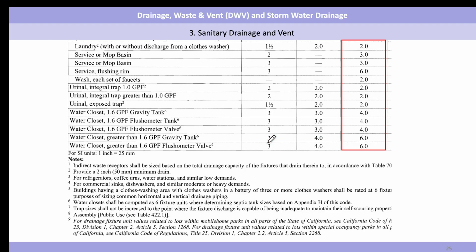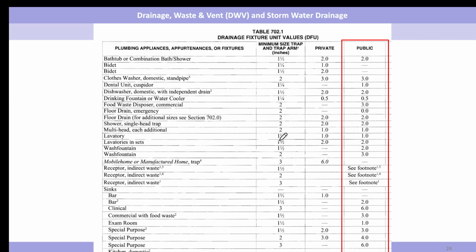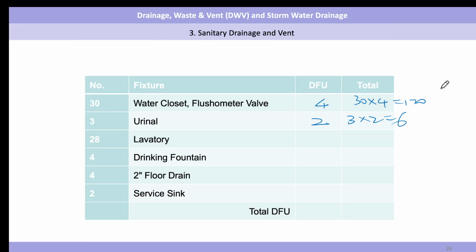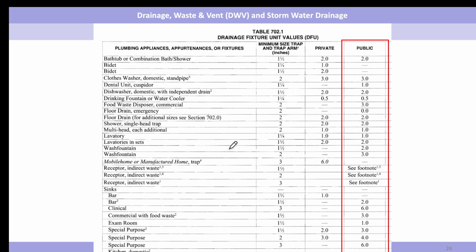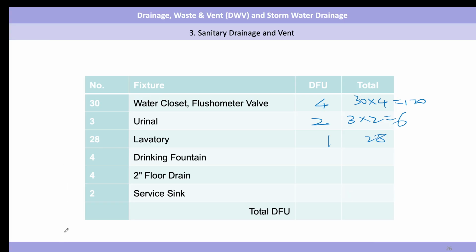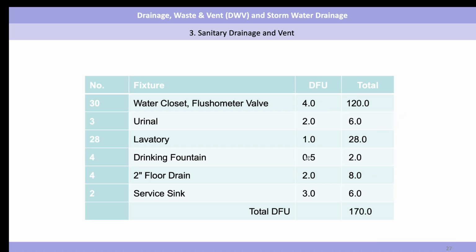Lavatory is 1, 28. Drinking fountain, this one 0.5, so 2. So 1 by 1 to calculate it, and then the total DFU, so add all of them, we get a total DFU of 170. So now we already got the total DFU.